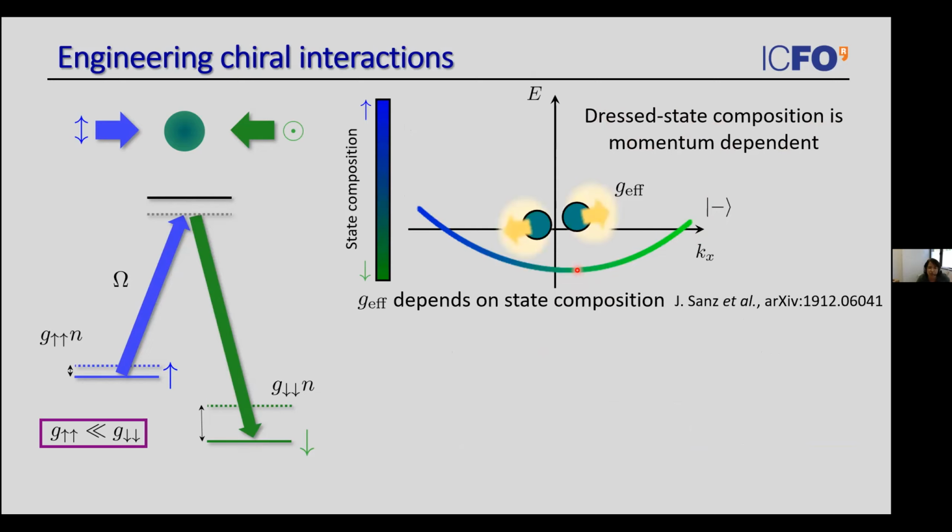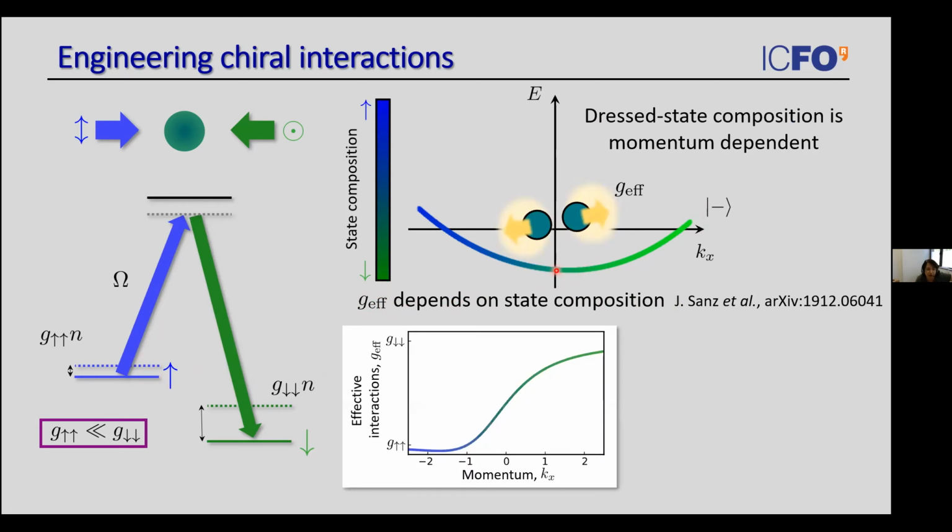But actually, in my group, we had also studied how atoms in such superpositions of states interact. And we see that these interactions depend on the state composition very much, because if one state interacts more than the other, then when you are mostly in the blue state, you interact little. In the green, you interact more, and in between, in the superposition of the two, you interact in between. Yeah.